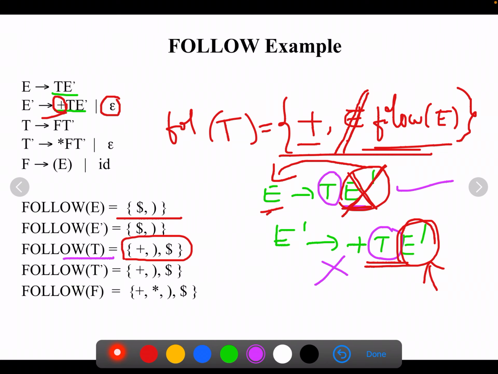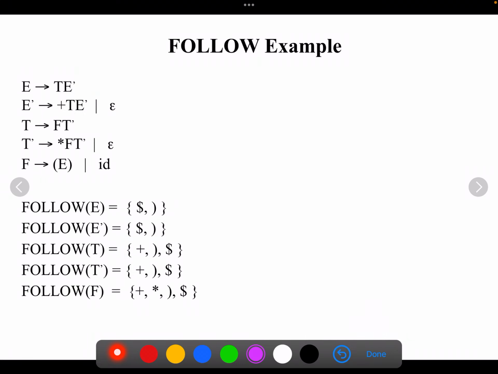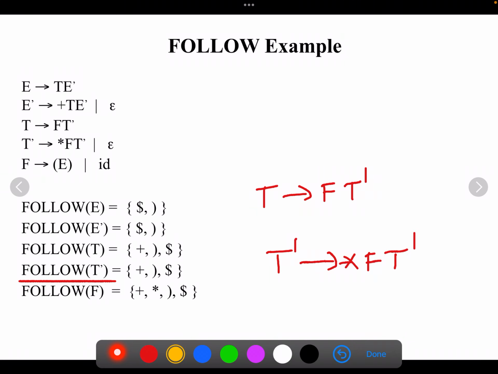That's fine. Moving on to follow of T, next, what is follow of T dash? Follow of T dash, again you have to look into the production which has T dash on the right side. I keep insisting you look at the right side of the production while computing the follow set, star F T dash. Because your aim is to check who is following T dash.